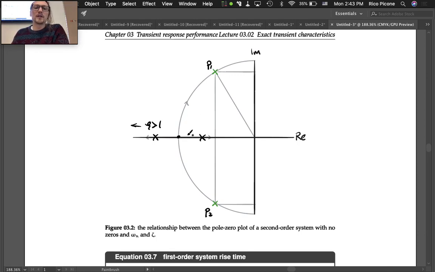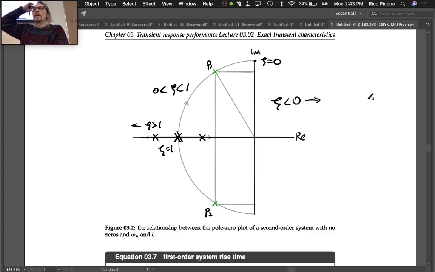If it's critically damped, we have a double pole at this branch here, which is zeta equals 1. And then if you decrease the damping, so this would be zeta between 0 and 1 along this arc, all the way up to zeta equals 0. Here, no damping, and if zeta is negative, then we have an unstable system, right?